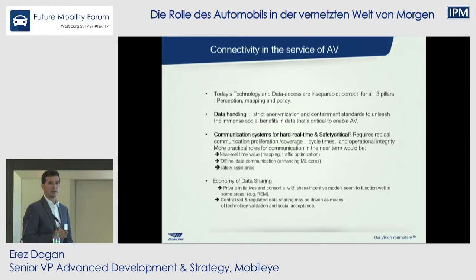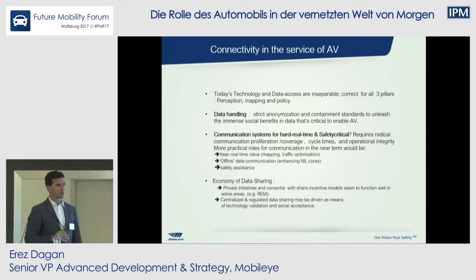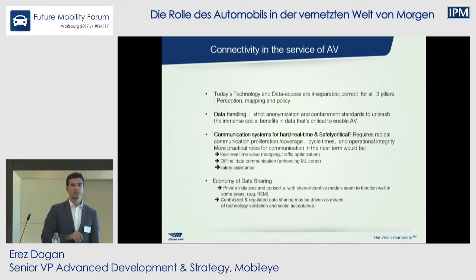For example, mapping, as we discussed: let vehicles communicate changes in the map and other vehicles benefit from that map. It doesn't have to be hard real-time. There's a lot of processing in the middle, but it's still very important information to communicate. Traffic optimization is not safety critical, but it's another social benefit. We can use connectivity to manage fleets to optimize the use of roads, gasoline, electricity, everything.